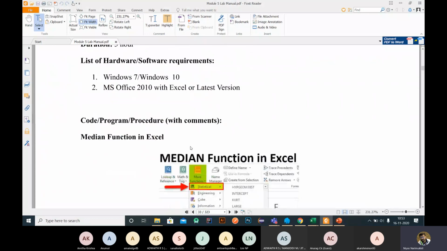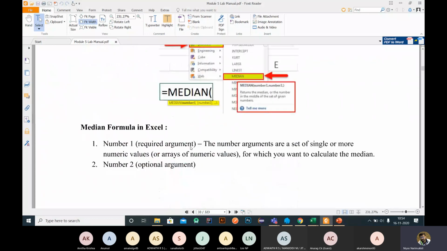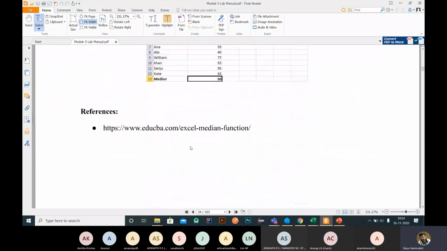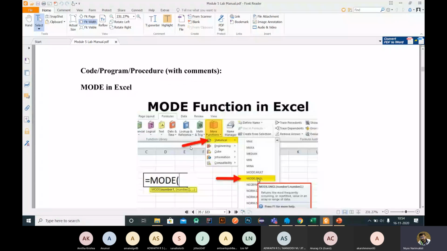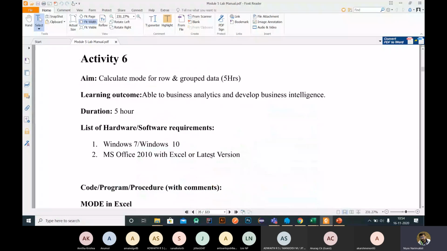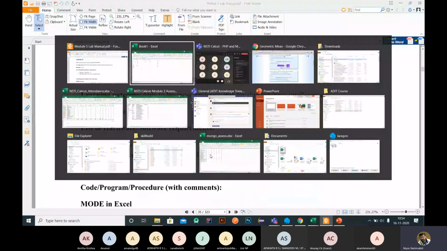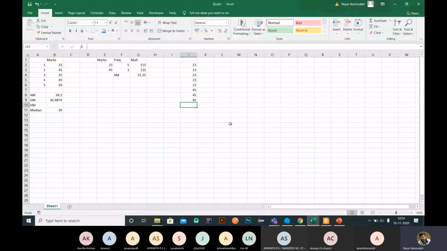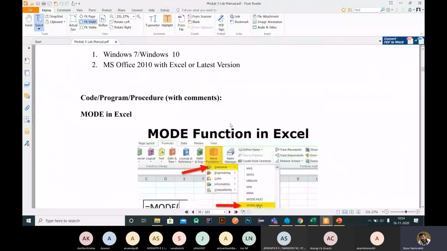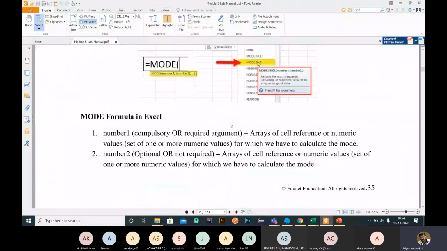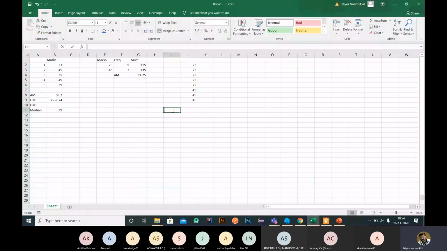So next one is mode. You need to find the mode. Mode is the most repeated element. If there are n elements, we need to find the most repeated element, and that element is considered the mode. We have a direct function. For example, in this case, to find the mode, you can directly use the function MODE.